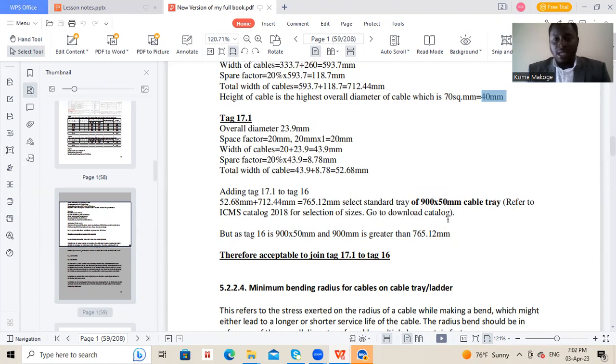Go to download catalog, and you can see how to select the different sizes. This depends on the manufacturer used on that project. But as tag 16 is 900 by 50 mm, and 900 mm is greater than 765, it is acceptable to join 17.1 to tag 16.